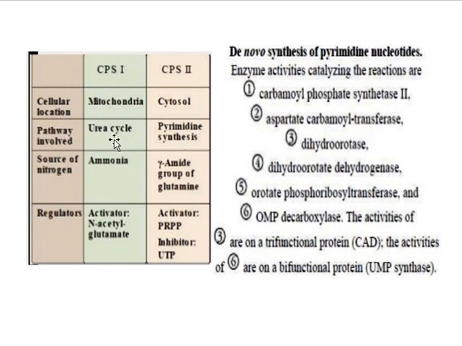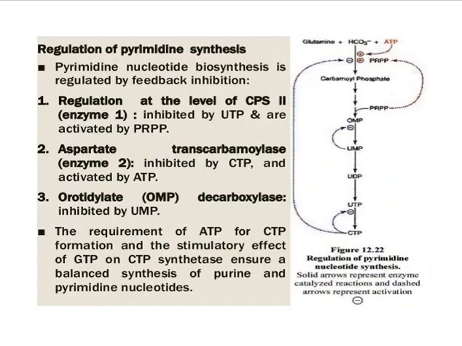In case of CPS1, the nitrogen is provided by ammonia, while in case of CPS2, this nitrogen is provided by glutamine. N-acetyl glutamate is the activator of CPS1, and PRPP is the activator of CPS2, while UTP is its inhibitor. So these are some differences between CPS1 and CPS2.